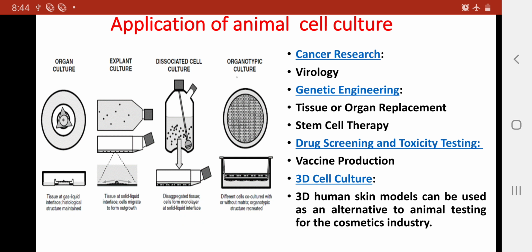We also see vaccine production and 3D cell structure. The 3D cell structure also includes the 3D human skin model that is used in the cosmetic industry.